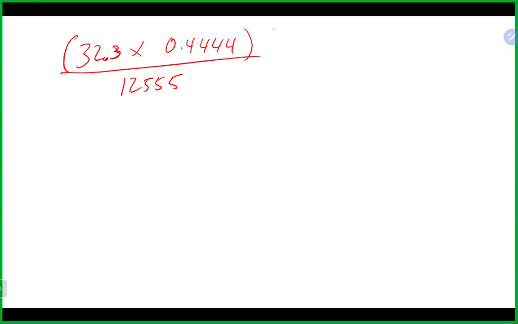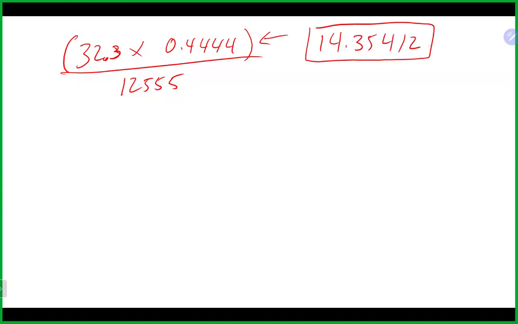The first thing that you probably would do is what's in parentheses, right? So we multiply the top part, 32.3 times 0.4444, one more 4. There we go. On our calculator screen for the top part, we got like 14.35412.